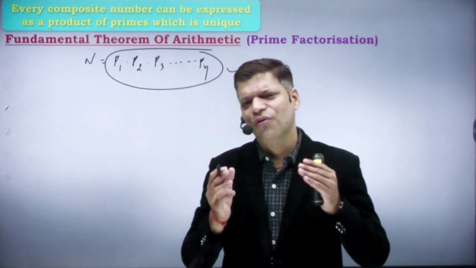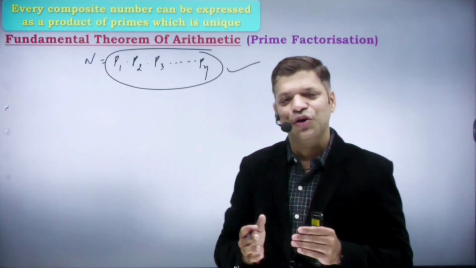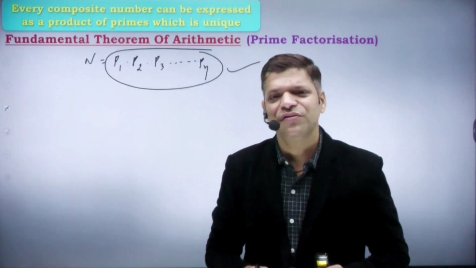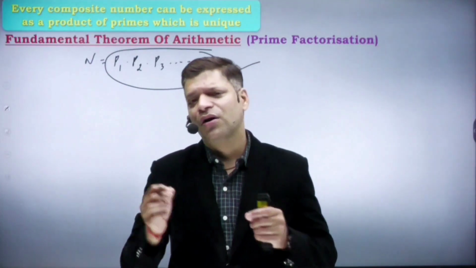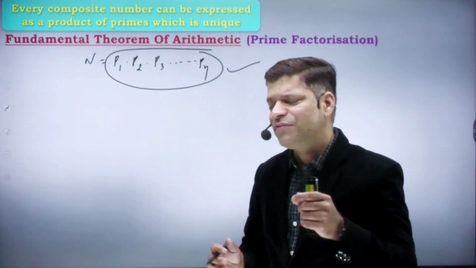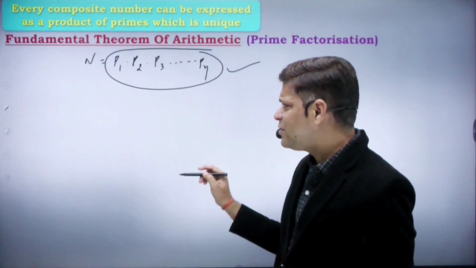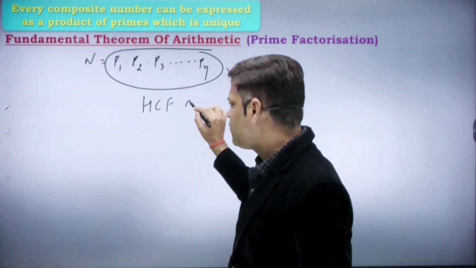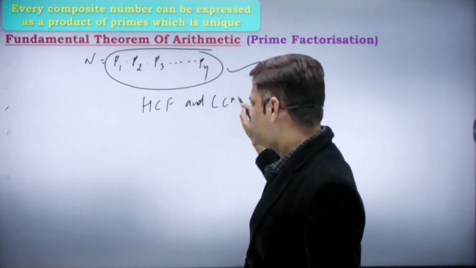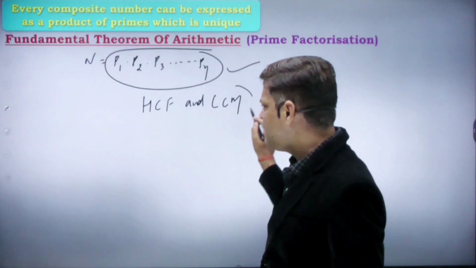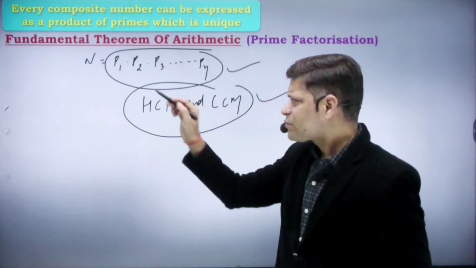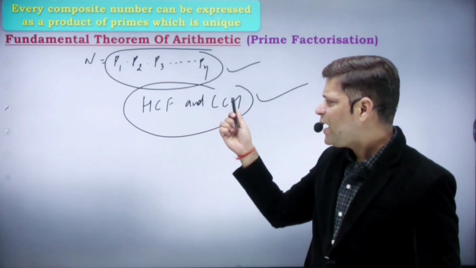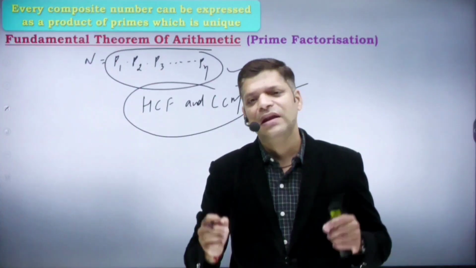The major application, which has 1 mark or 2 mark questions, and sometimes 3 mark questions in the CBSE, is to find the HCF, the highest common factor, and the LCM, the least common multiple, of the given numbers.